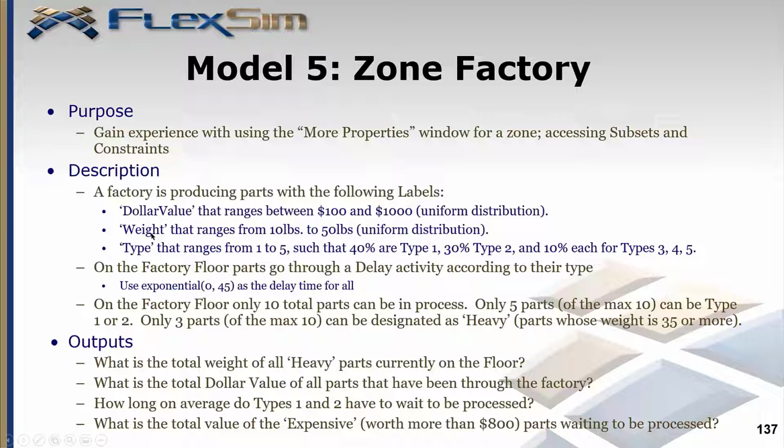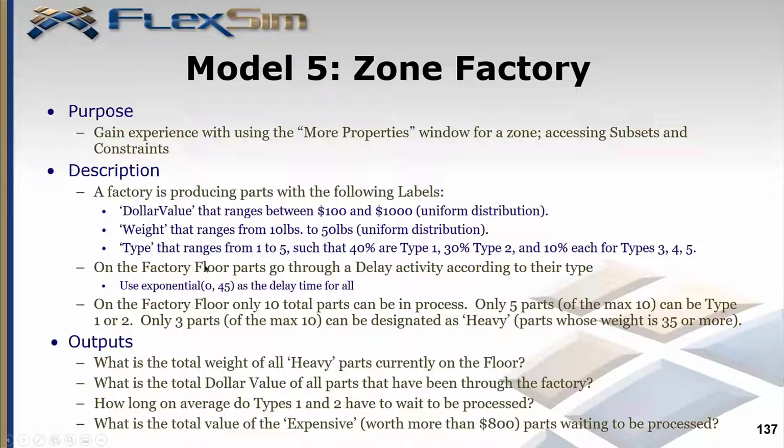We want to assign them a weight label that ranges from 10 to 50, also according to the uniform distribution, and a type label that can be a value from 1 to 5, but distributed by these percentages. So 40% for type 1, 30% for type 2, and 10% for types 3, 4, and 5.